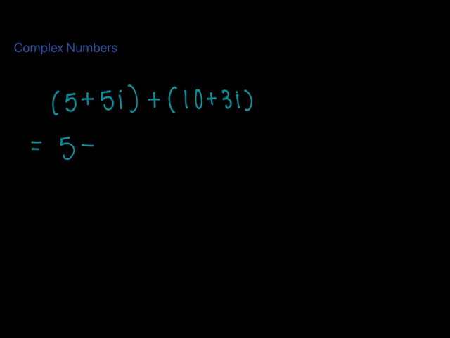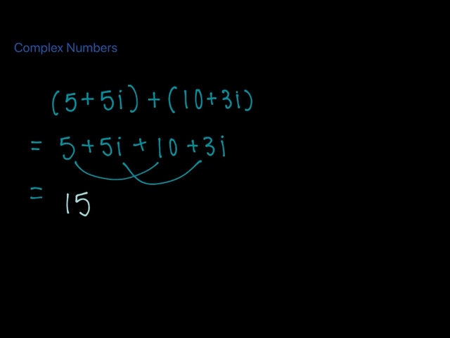This would simply be 5 plus 5i plus 10 plus 3i. Here, we can take the like terms, so 5 plus 10 equals 15, and 5i plus 3i equals 8i. So that would just be 15 plus 8i.